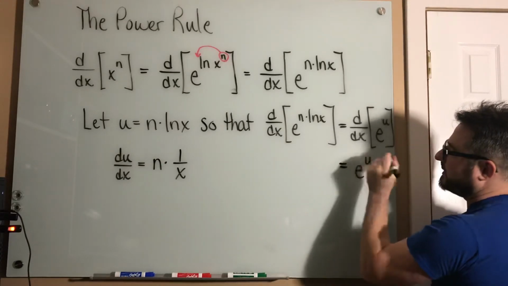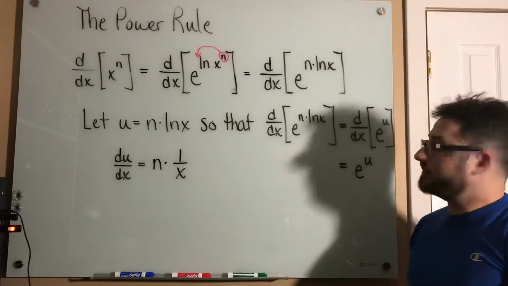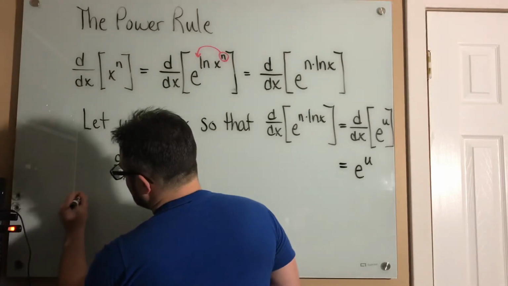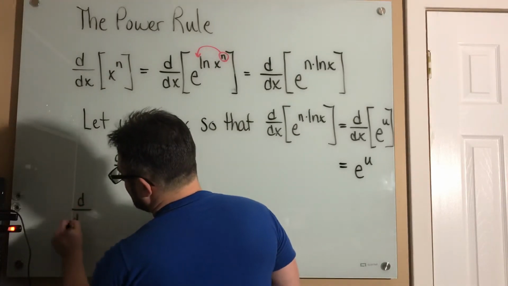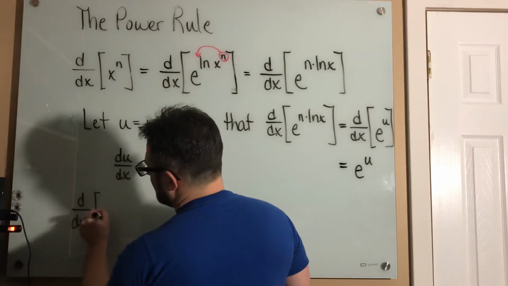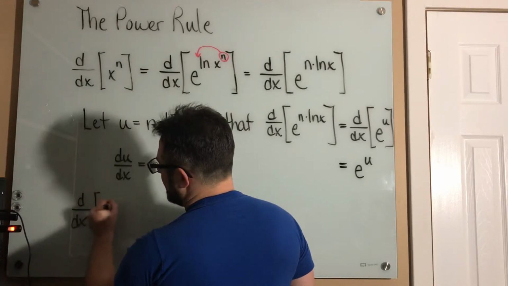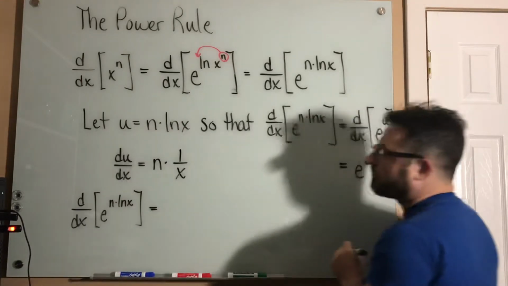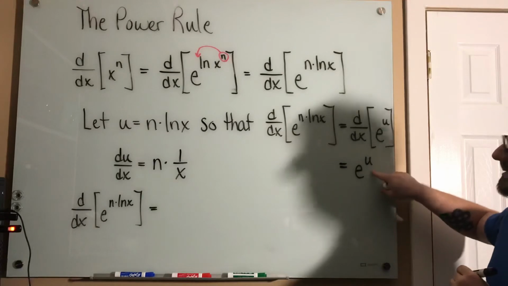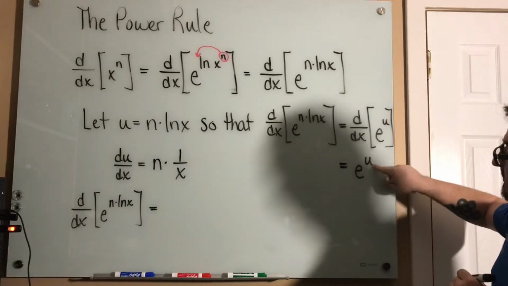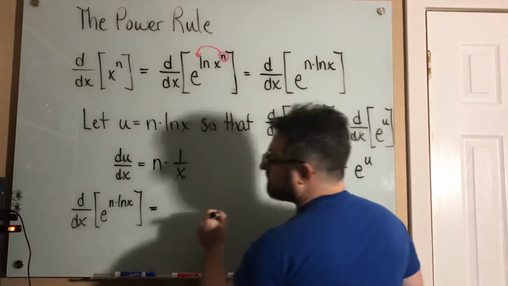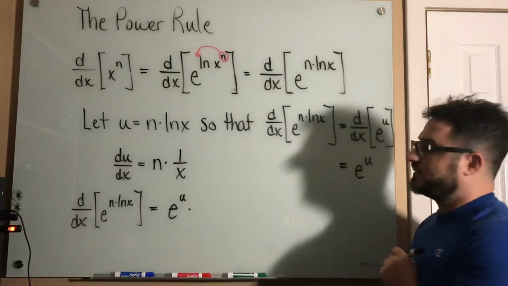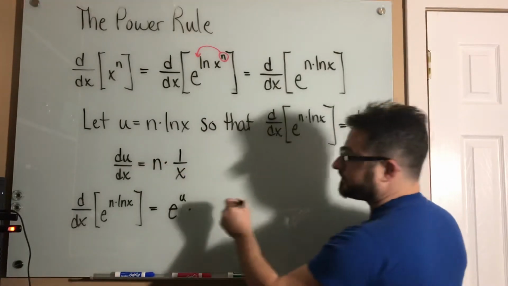Well, the derivative of e to any power is e to that power. So, putting it back together, the derivative of e to the n times ln of x is equal to the derivative with respect to u times du dx.